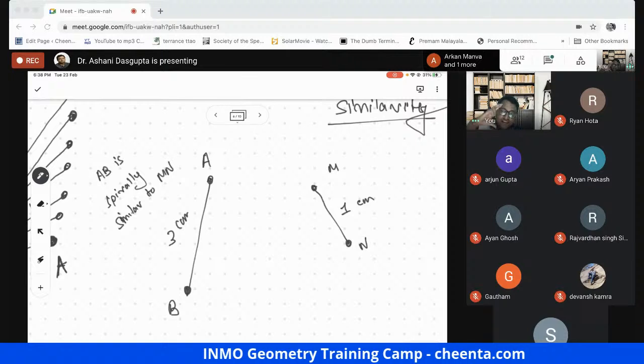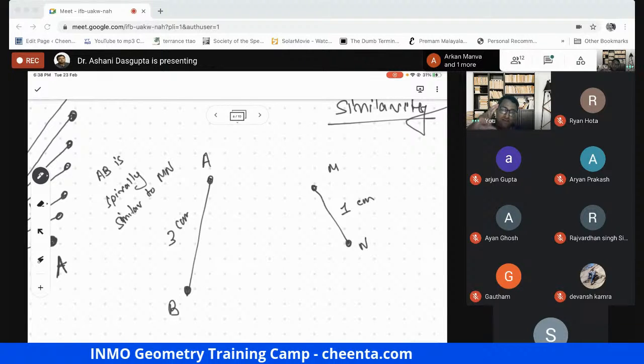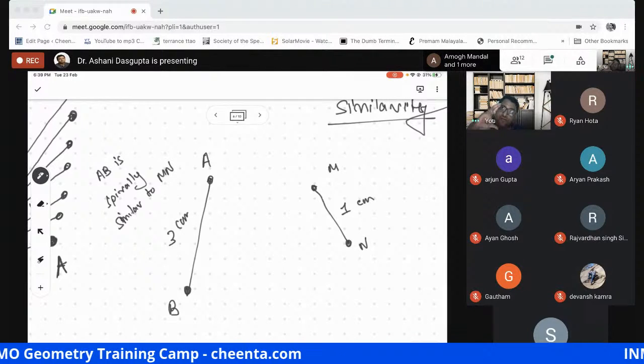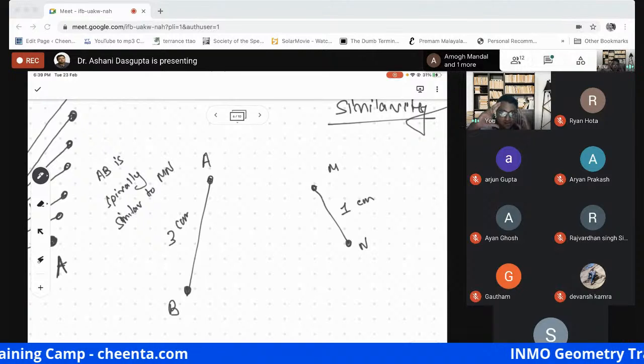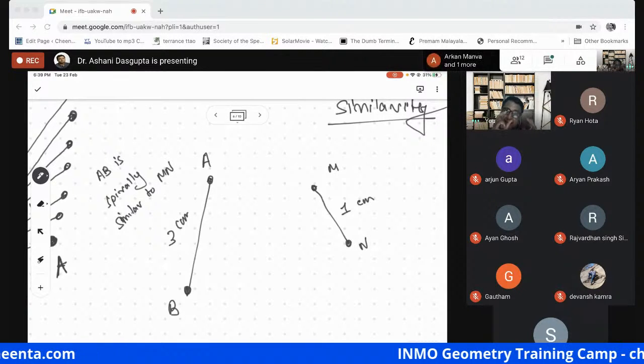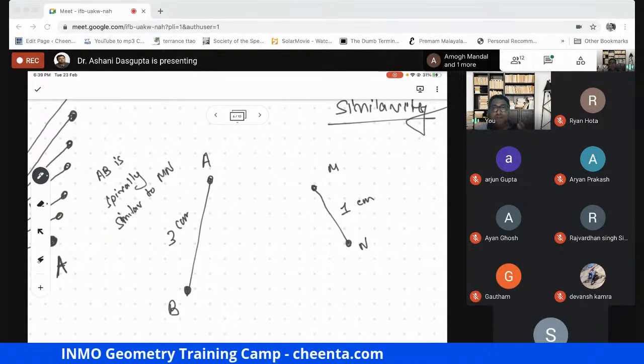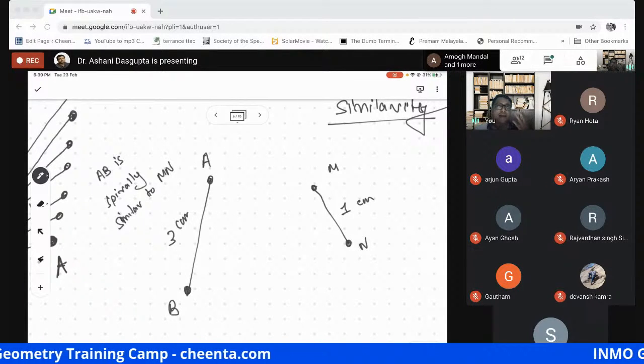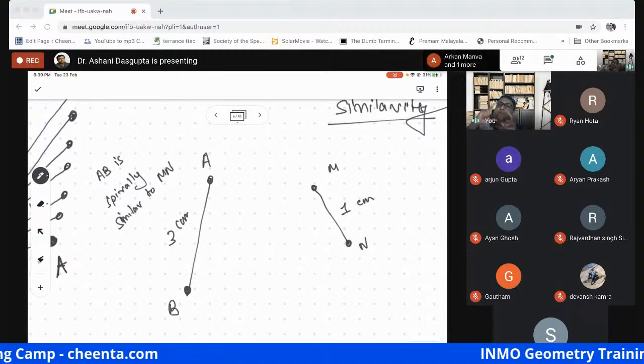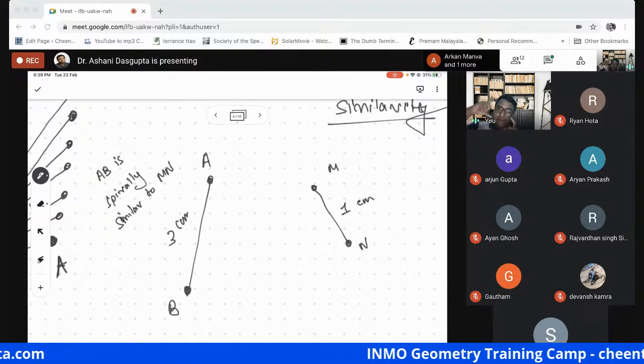It says that you can take any segment and sort of rotate it about some point and shrink it and place it on any other segment. And this is very intuitive. You should be able to do this. Why? Because you can think of the line segment AB like this.